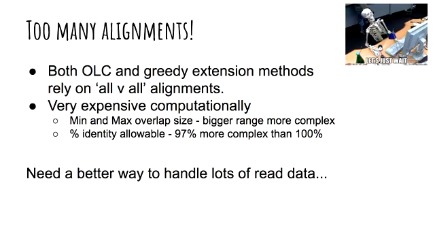If you have a large range for the minimum and maximum overlap size, and if you allow 97% identity between the overlaps compared to 100%, it changes the amount of computation you have to do. And so we needed a better way to handle a lot of data, because these Illumina machines, the early ones, even though they're only doing 36 base pair reads, they were still spitting out millions of reads in one go, and we were swamped. Everything just broke. We didn't know what to do anymore.